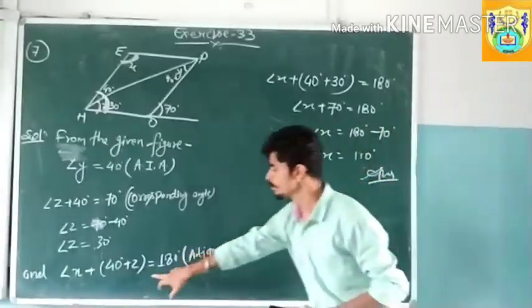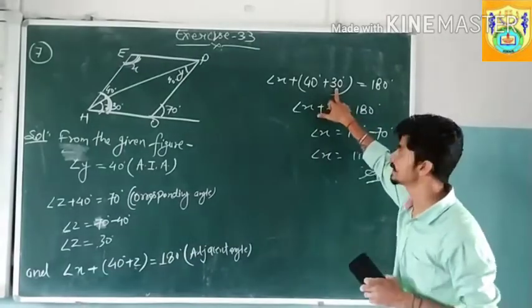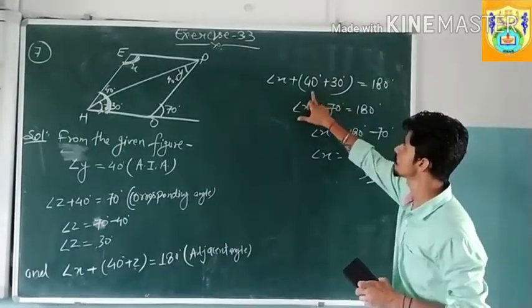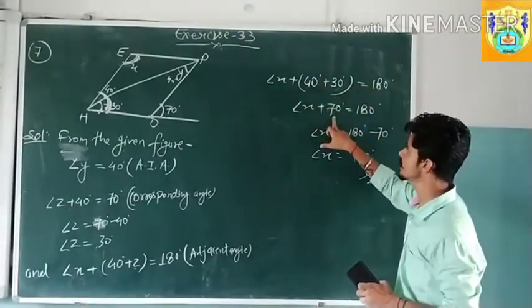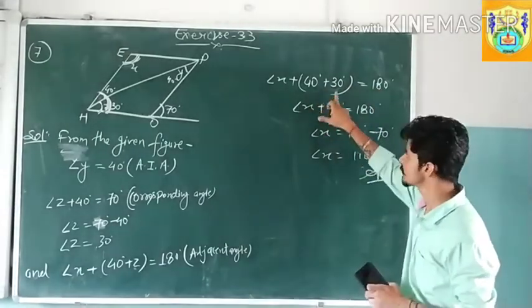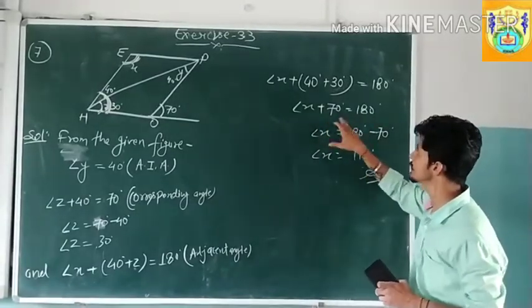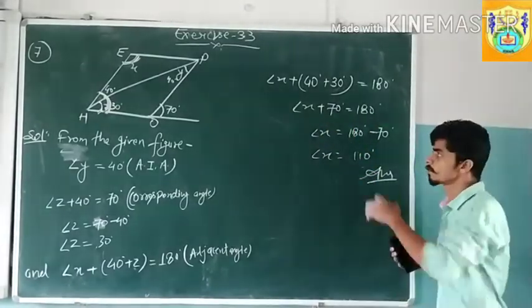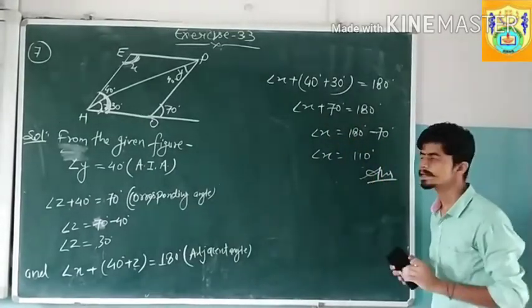Now we have to put the value of angle z, which is 30 degrees. So we put the value of z, which is 30 degrees, and the sum of 40 and the rest things are repeated. 40 and 30 will become 70, so x plus 70 is equal to 180 degrees. Now 70 will be transferred from LHS to RHS, positive to negative, and subtracted from 180.